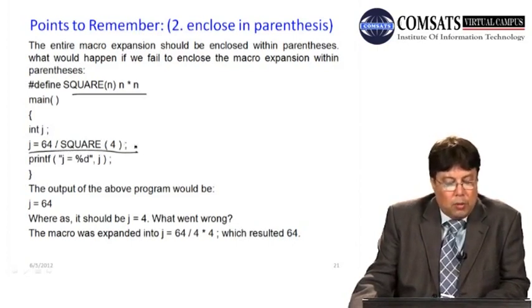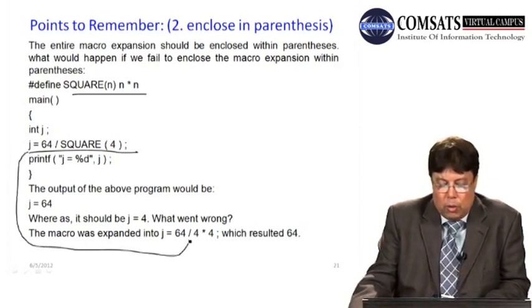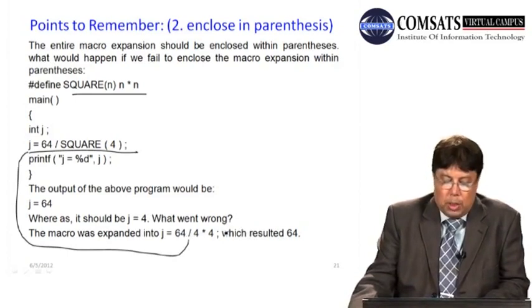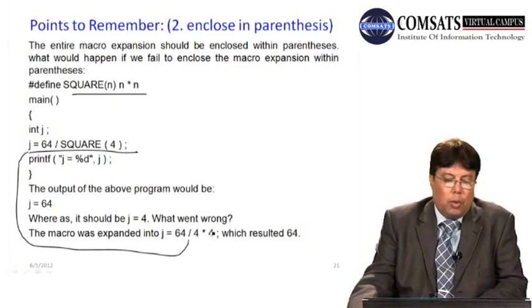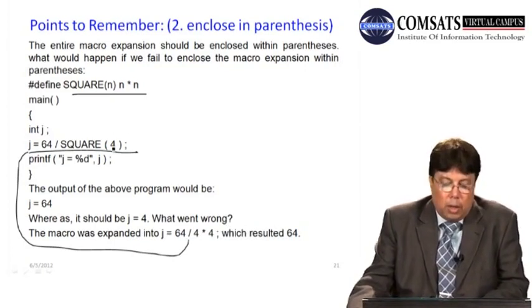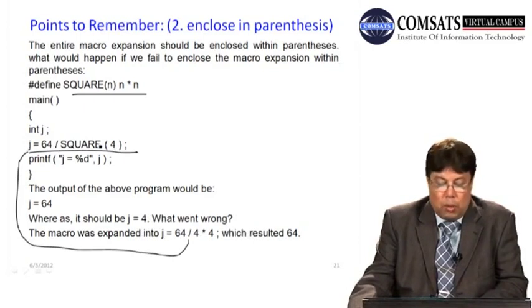So basically it will be translated like this: j is equal to 64 divided by 4 multiplied by 4. Now the precedence rule says that whichever operator comes first from left to right will be executed. So it will divide 64 by 4 to get 16, multiplied by 4, and the answer is 64. Whereas the square of 4 should be 16, and 64 divided by 16 means the answer should be 4.